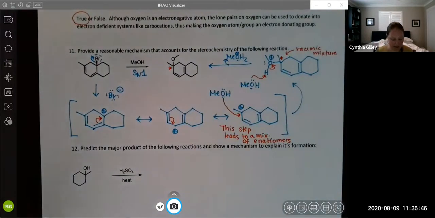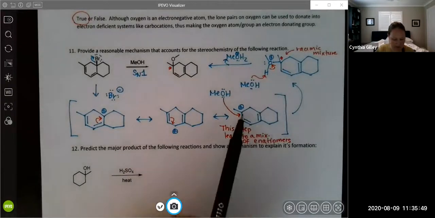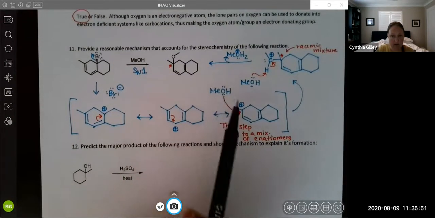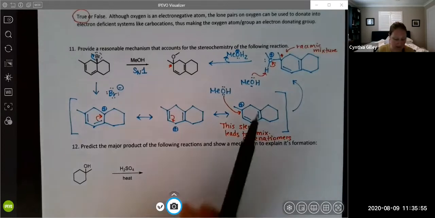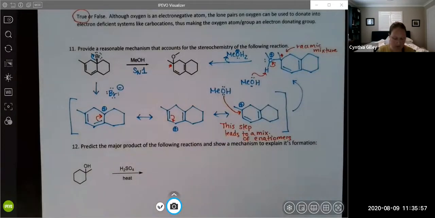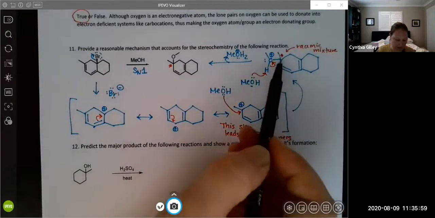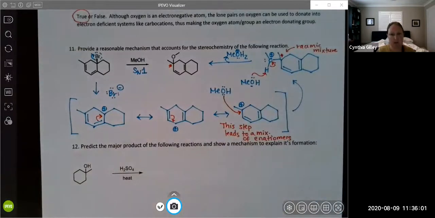Okay, so again, the reason why we end up with a mixture here is this is planar. So the nucleophile can attack from either the top face, which would mean that this would be on a wedge, or the bottom face, which would mean that this would be on a dash, and we would end up with the two enantiomers of that.